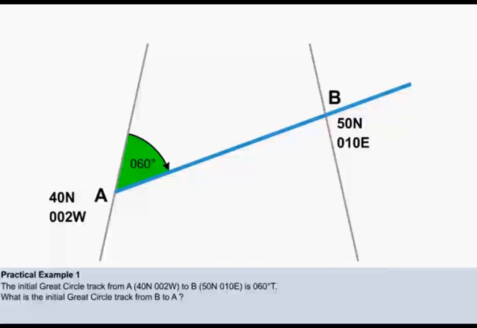It's 10 east, where A is 2 west. Now that we've got the diagram right, we can start to calculate the convergency. Remember, the question is, what is the initial great circle track from B back to A?